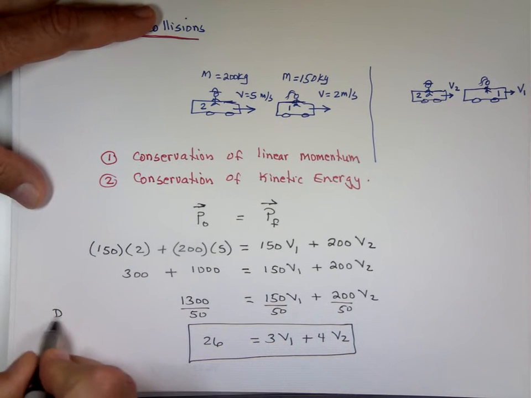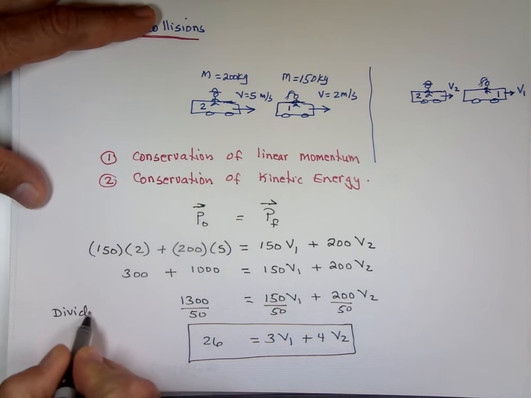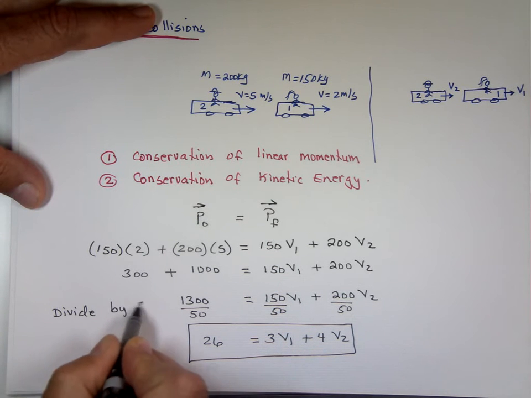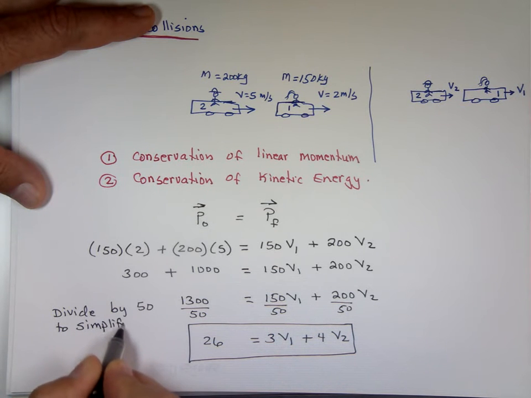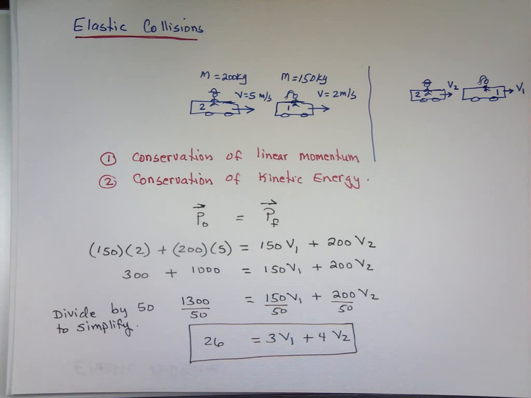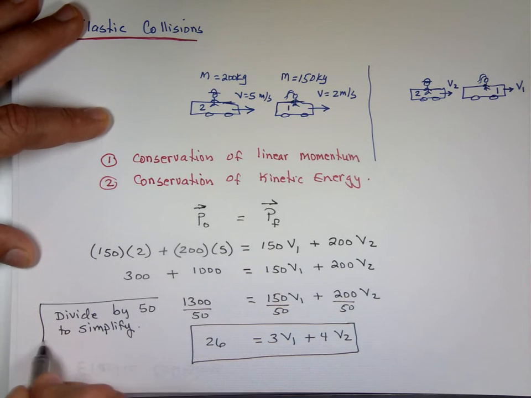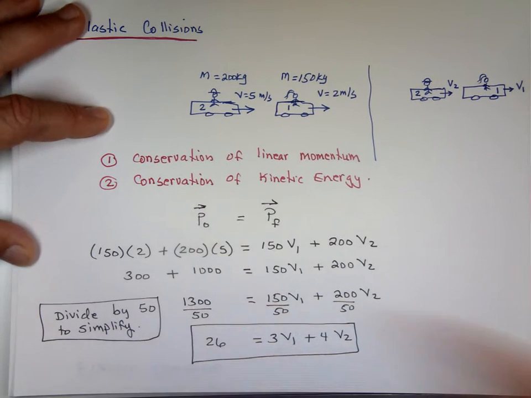So I'm going to write here, because people say, why did you divide by 50? Divide by 50 to simplify. Not to do with physics. Has nothing to do with physics. We divide each one by 50 so we can make the numbers a little bit smaller.